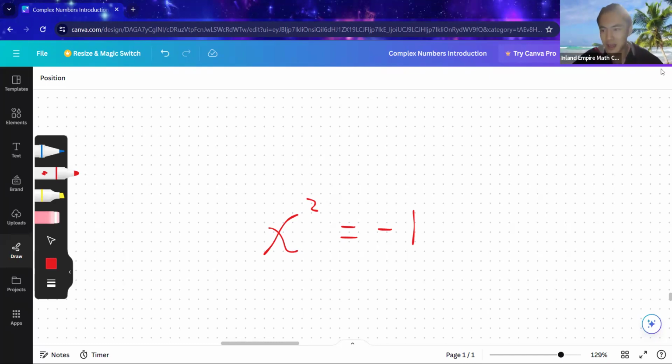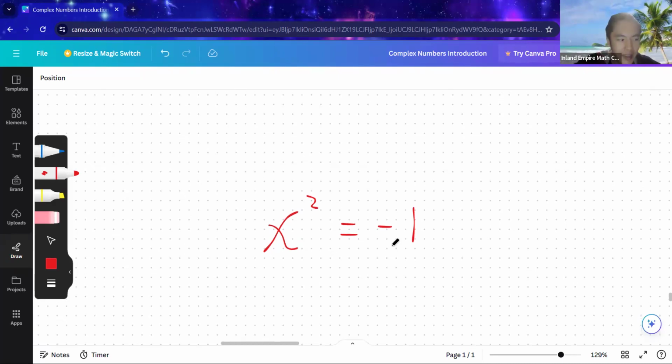But if you don't think there's a solution, you can do an emoji thumbs up or just say no or something. Again, do you think there is some number X that you can find such that it squares to -1?